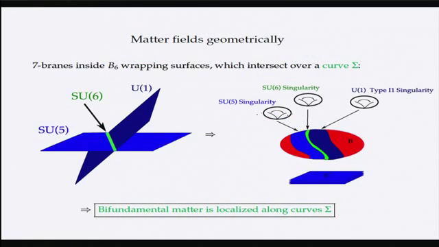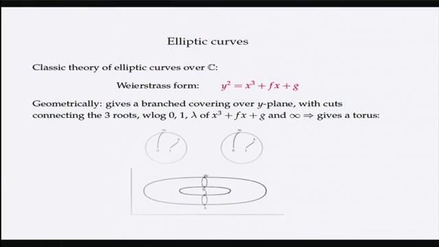So how do we describe elliptic curves? We need to understand elliptic curves, fibrations of elliptic curves, and the singular fibers that can arise there. There's some classic theory, going back maybe 100 years or so, of elliptic curves over some field.